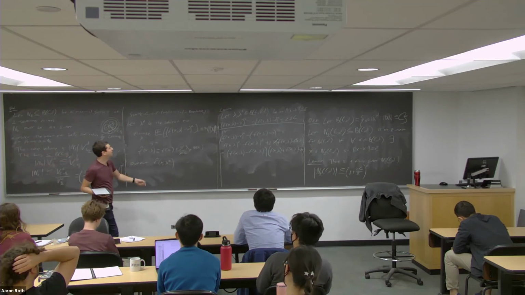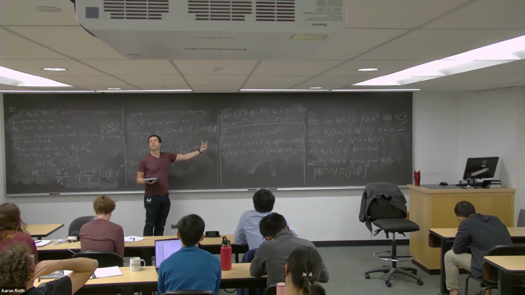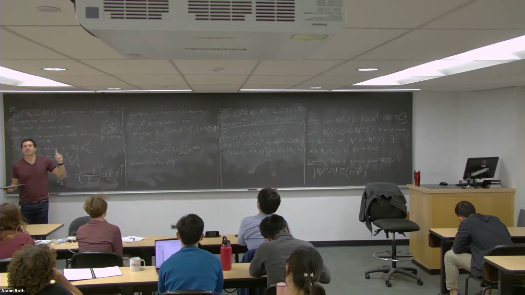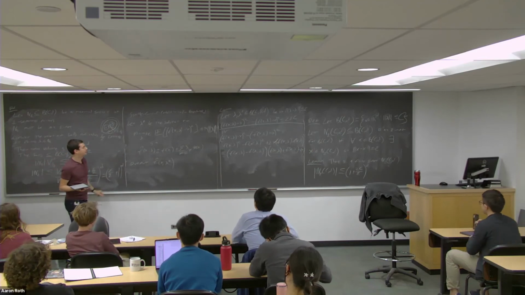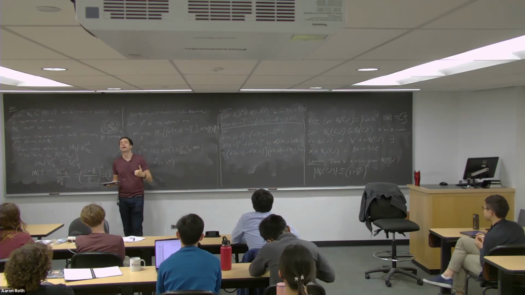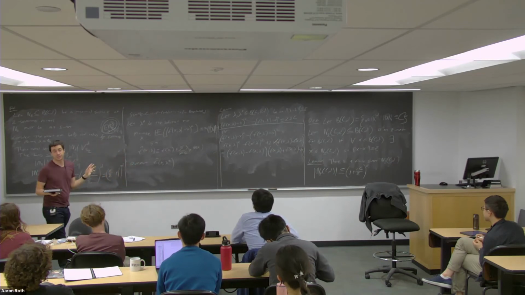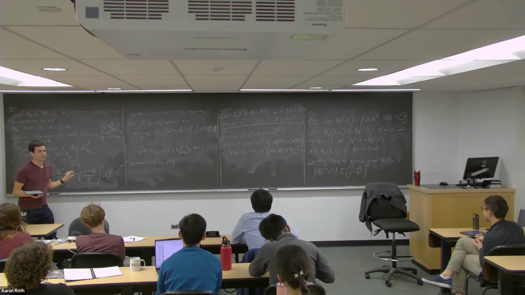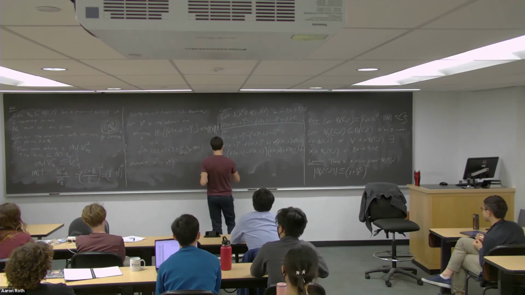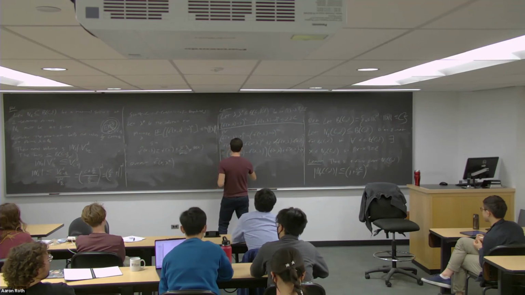The worst case is that all of the g of x's are 1, and all of the differences are working against me, in which case this is exactly the L1 distance between lambda and lambda prime. So this first term I can bound by the L1 distance between lambda and lambda prime.